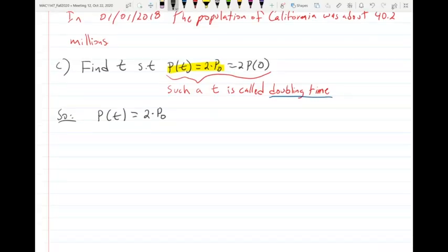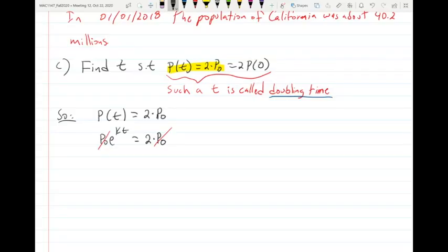By the way, notice that we can actually find the doubling time without even knowing what the initial amount is. The population equals P0 times e to the kt, and the question is, when is this equal to twice the original amount? Notice that the original amounts cancel. So the doubling time is independent of the initial amount.